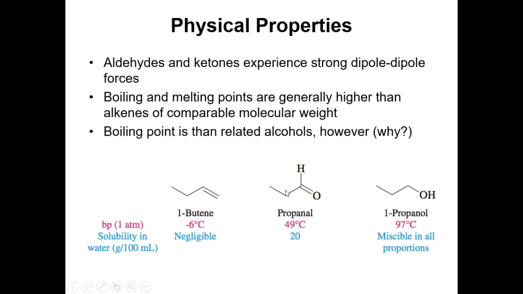If you look at, let's say, an aldehyde and a structurally comparable hydrocarbon, we use alkene as the example because alkene has a CC double bond, which is structurally similar to the CO double bond. Why are we using this alkene?